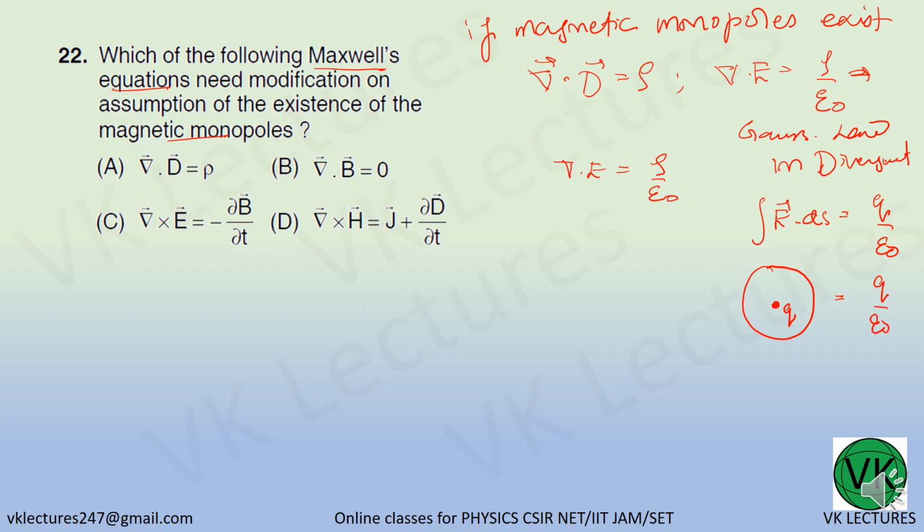Correct. Now suppose charge also existed in multipoles. That means both positive and negative charge together, just as dipoles.